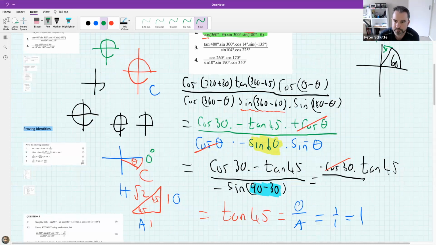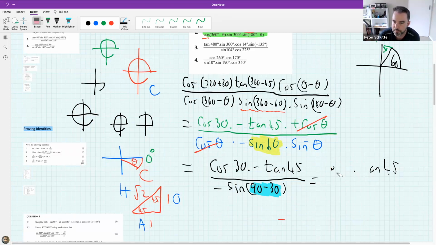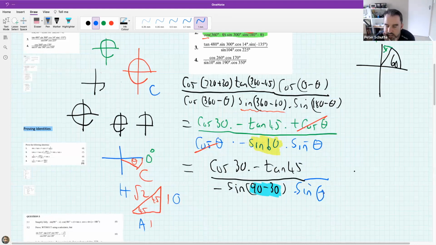Okay. Now, did I leave something out? Sorry, I did. I left out the sine of 180 minus theta. So let me just quickly put that back in, and then we'll go from there. So I have the sine of theta, which is still sitting there by itself.